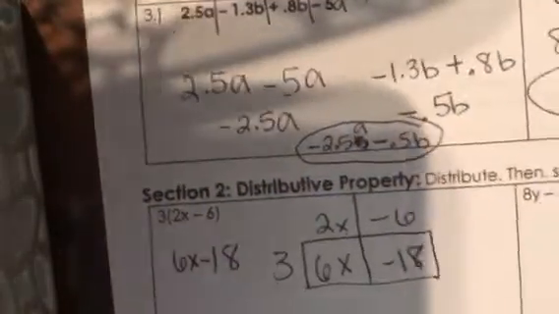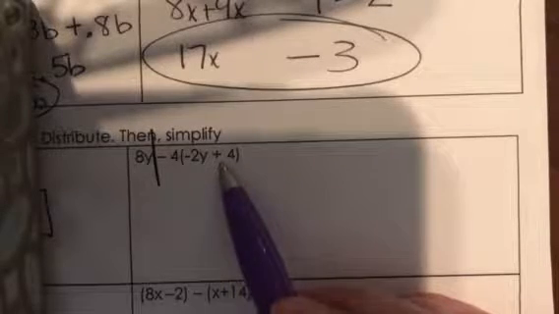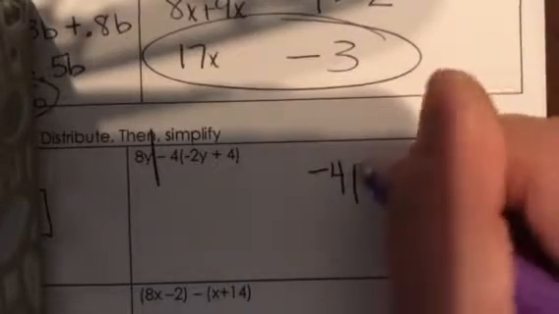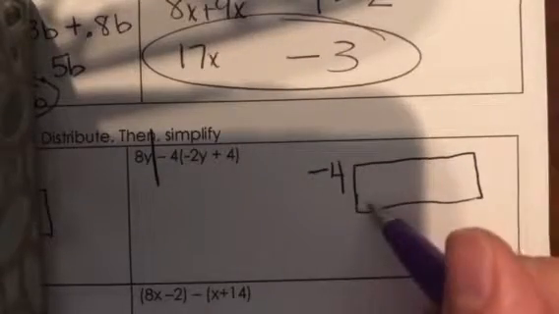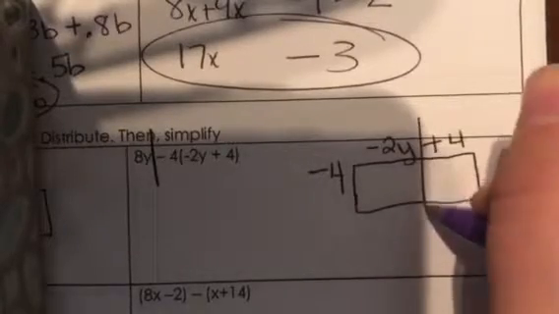Now, taking what you know there to something a little bit more complicated is a problem like this. Remember, you need to distribute this negative 4. That means you're going to multiply negative 2y plus 4 times the negative 4. So if you come over here to the side and you want to use that area model to multiply, you're multiplying negative 4 times a negative 2y plus 4.